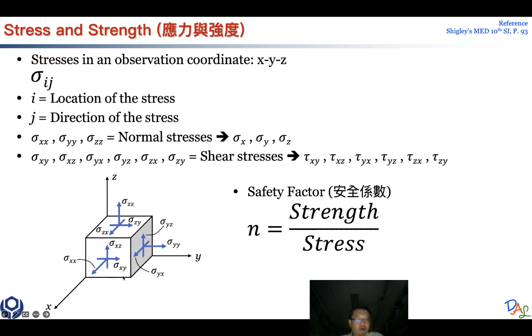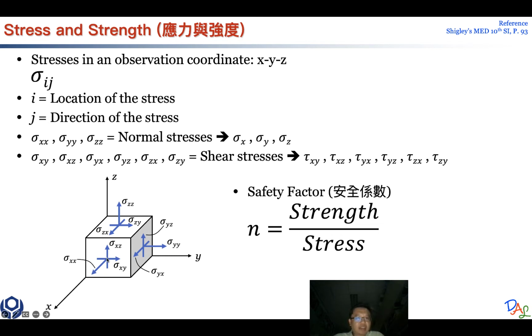So for all the stresses on this plane, basically on the plane that is perpendicular to the x-axis, we specify i as x, and the second index is representing the direction of the stress.